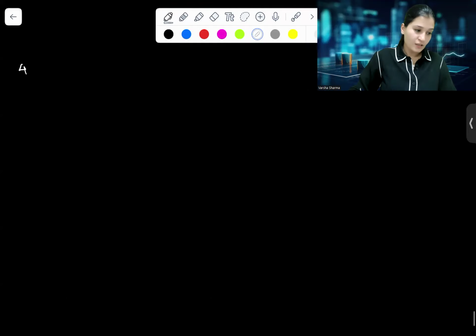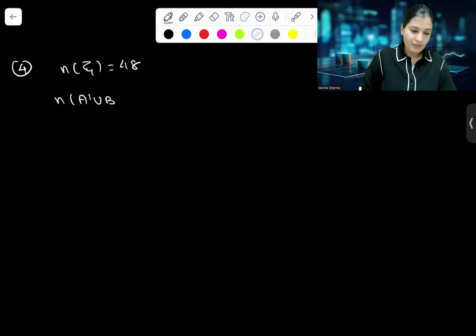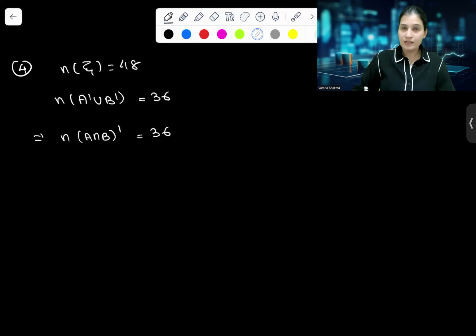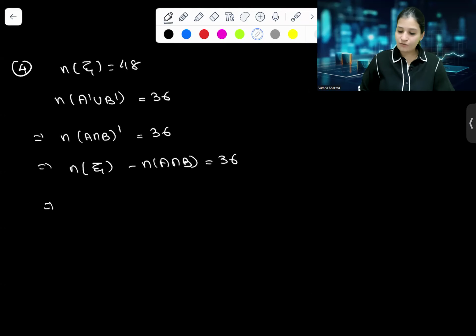Question number 4. Universal set is 48. A complement union B complement is 36. So in this, if I take complement common, it becomes A intersection B complement, which is universal set minus A intersection B. This is 48. 36 comes this side.